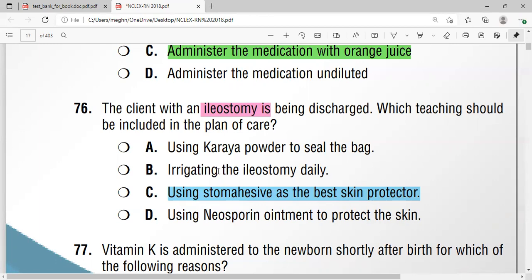Answer B is incorrect because there is no need to irrigate an ileostomy, no need to wash. And answer D is incorrect, it is not used to protect the skin because it is an antibiotic, neomycin.